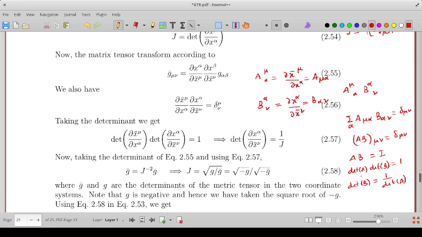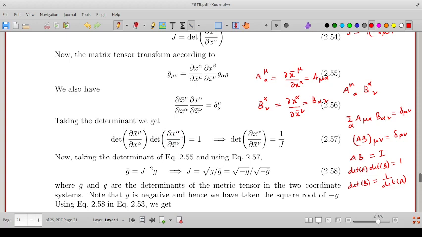Now, B is the matrix with components given by dx alpha by dx bar nu. So that is this matrix. Instead of writing this, I could also have written the determinant of dx bar mu by dx alpha, the matrix with components mu alpha given by dx bar mu by dx alpha. Similarly, this is the matrix with the alpha nu component given by dx alpha by dx bar nu.